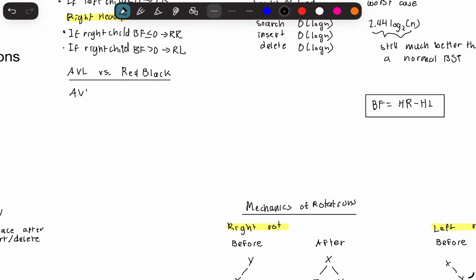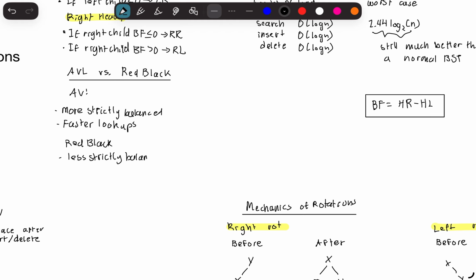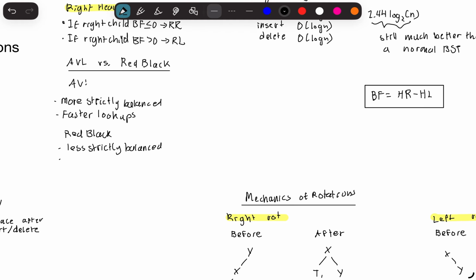So AVL is more strictly balanced, so you have faster lookups. Red-black, on the other hand, is less strictly balanced, but you have faster insertion and deletion.